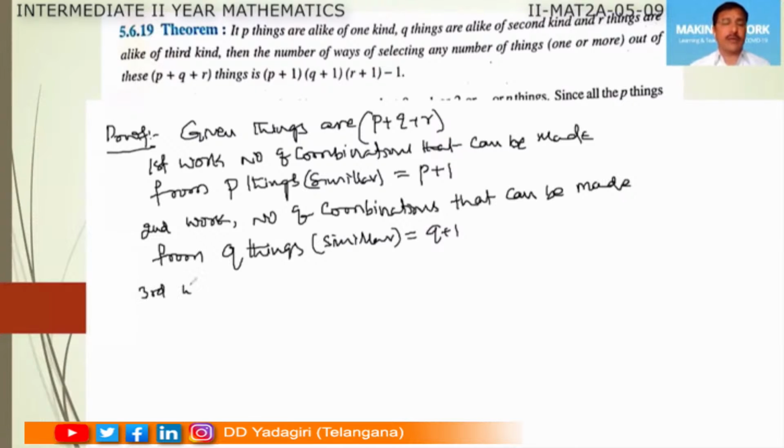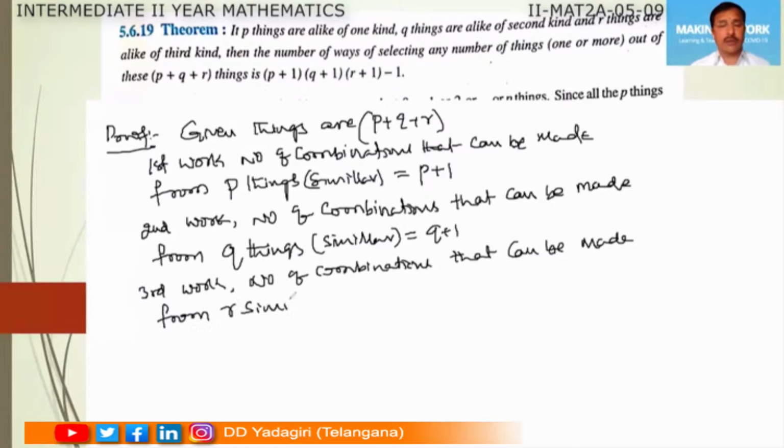And third work, number of combinations that can be made from R similar things. So this is equal to R plus 1.